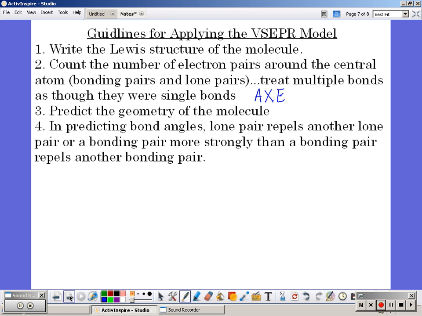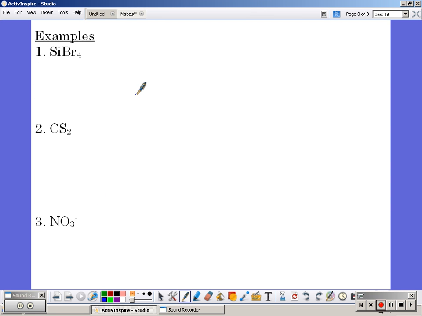So for example, we have SiBr₄. If we draw the Lewis structure, silicon would go in the middle, and then we would have 4 bromines coming off. And the bromines would have satisfied octets.